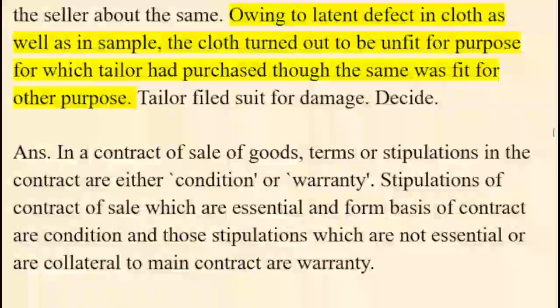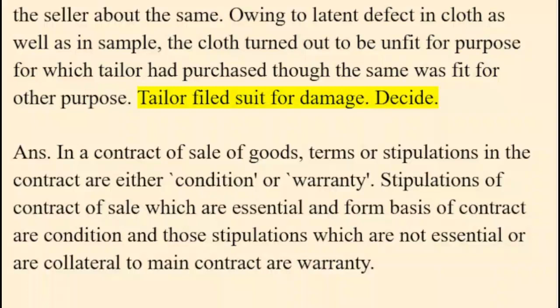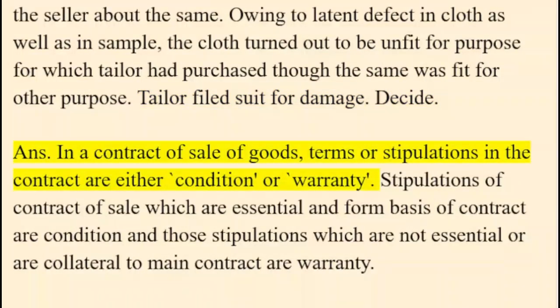Owing to a latent defect in the cloth as well as in the sample, the cloth turned out to be unfit for the purpose for which the tailor had purchased it, though the same was fit for other purposes. The tailor filed a suit for damages. Decide. Ans. In a contract of sale of goods, terms or stipulations in the contract are either condition or warranty.